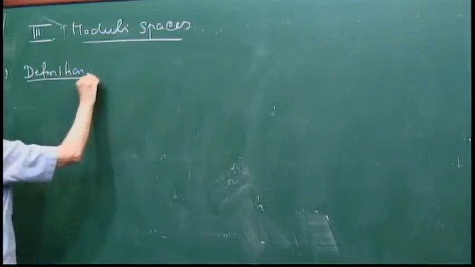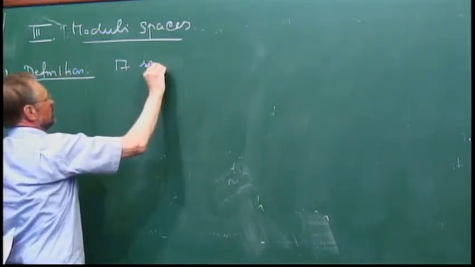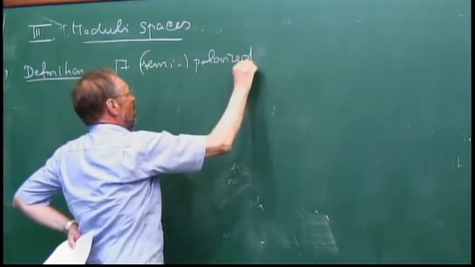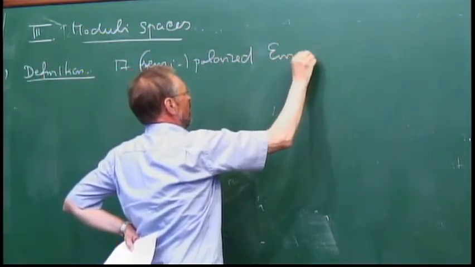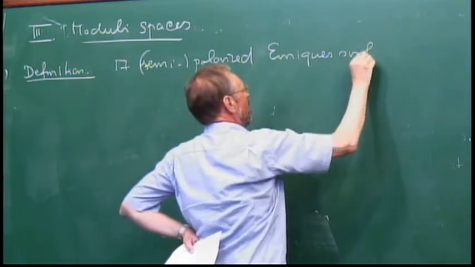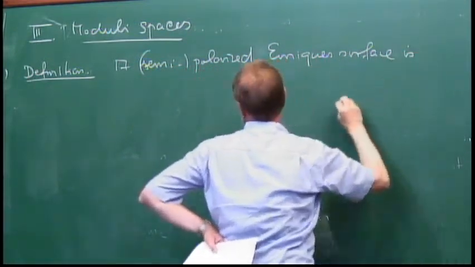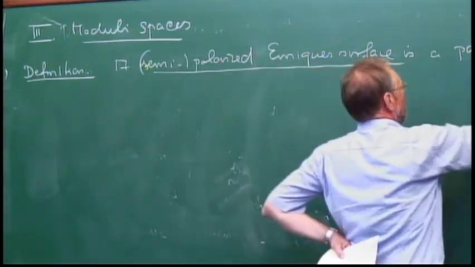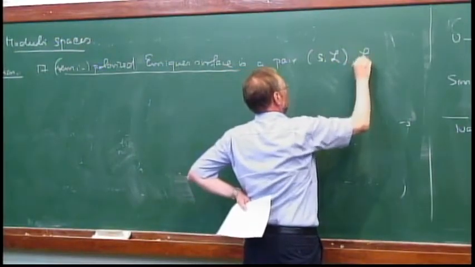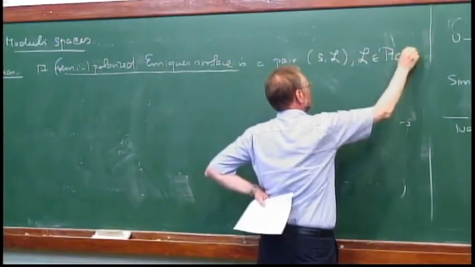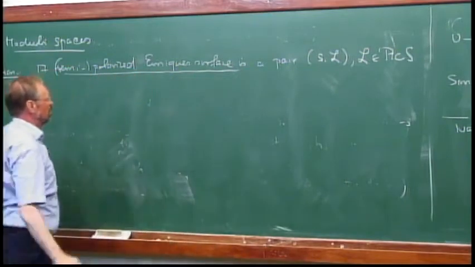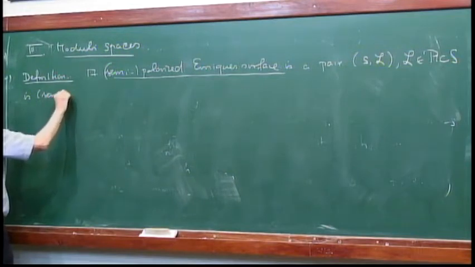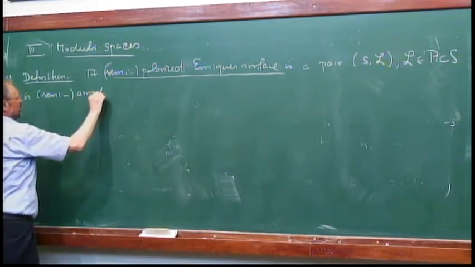Definition A, well, polarized or semi-polarized Enriques surface is a pair SL, where S is of course Enriques, L is a line bundle, and I want that the line bundle is either ample or semi-ample.